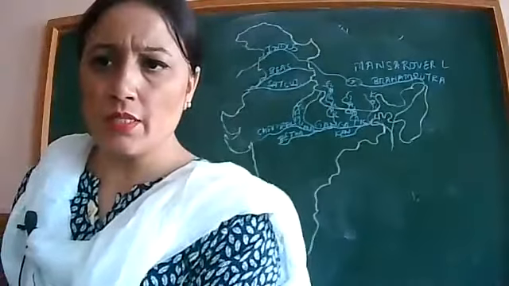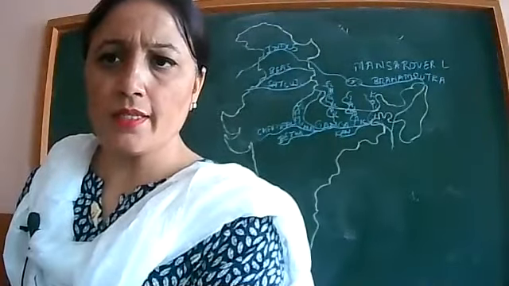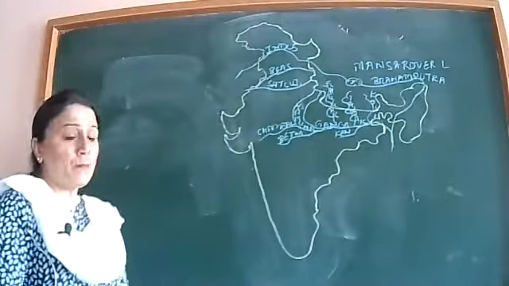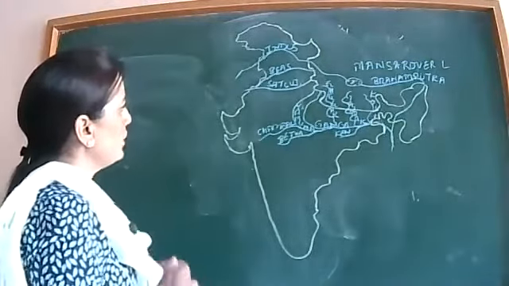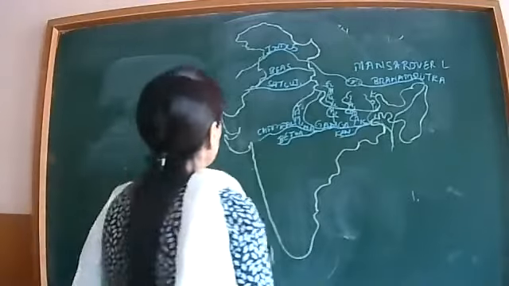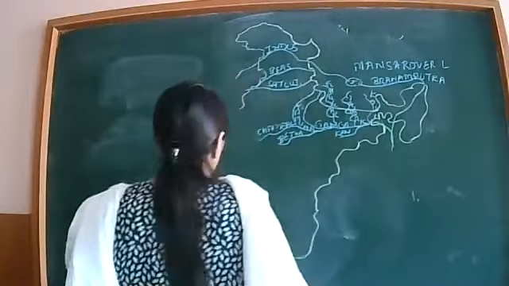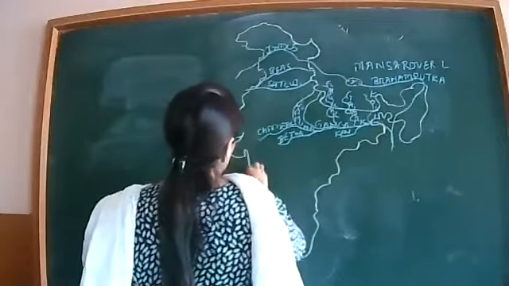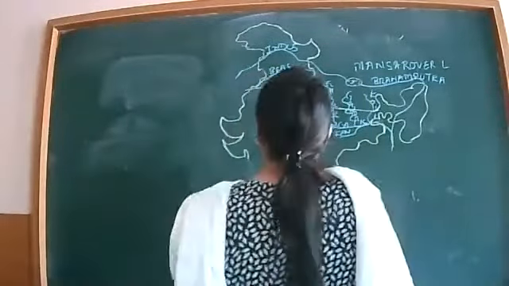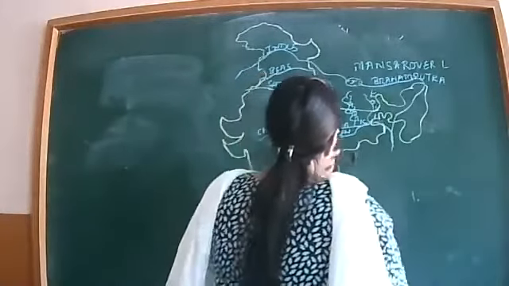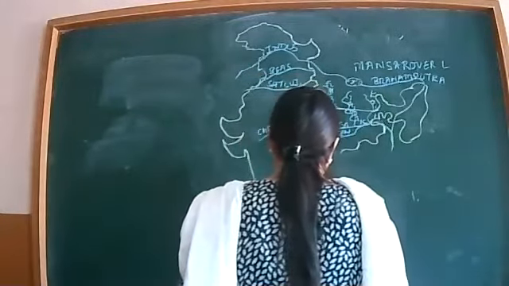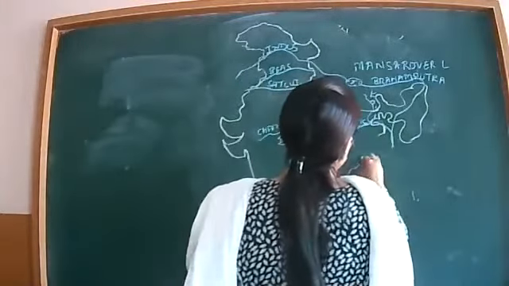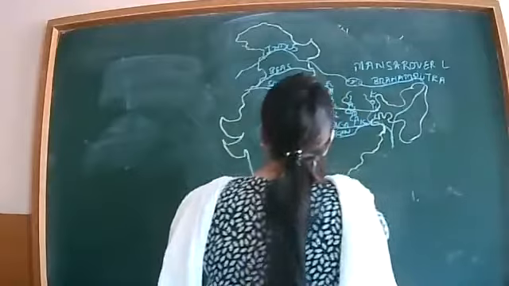Then we have rivers flowing in the southern part of India. We have two prominent rivers which flow in the southwestern part of India. First, we have river Narmada.